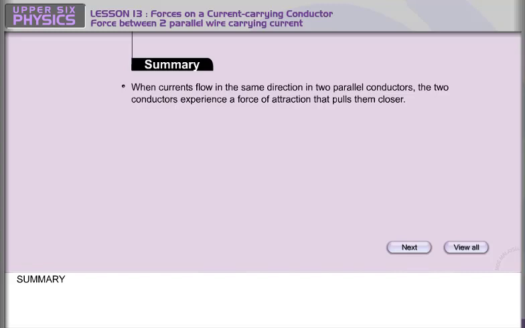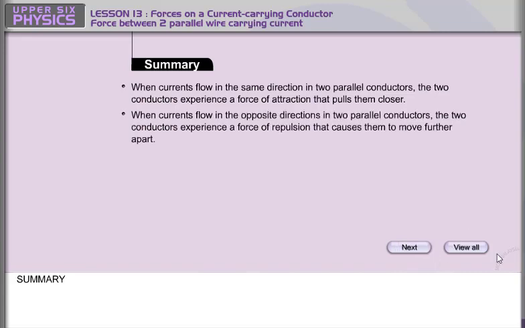Summary: when currents flow in the same direction in two parallel conductors, the two conductors experience a force of attraction that pulls them closer. When current flows in the opposite directions in two parallel conductors, the two conductors experience a force of repulsion that causes them to move further apart.